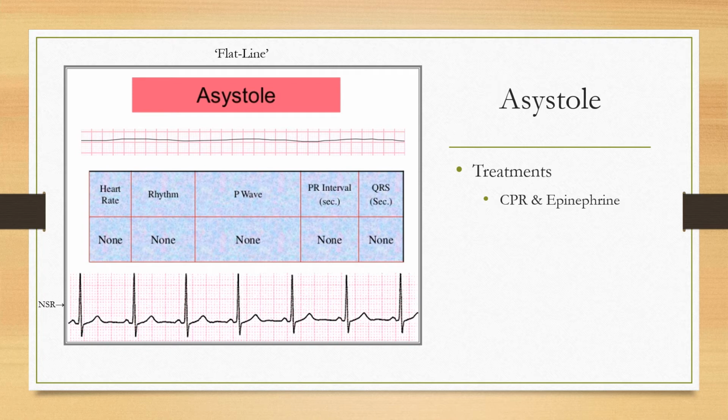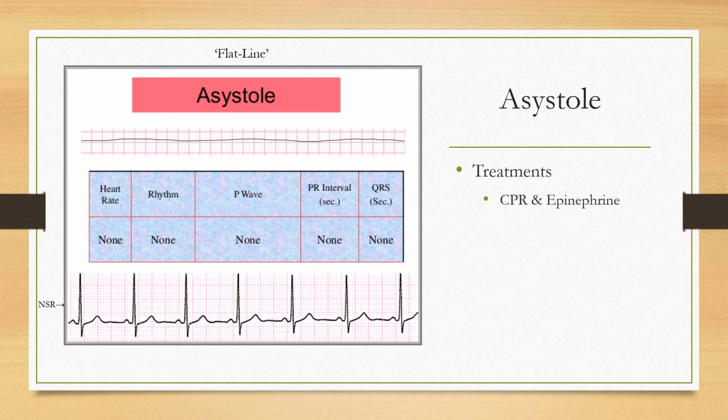So really the treatment for this is CPR and epinephrine because there's nothing to defibrillate. There's nothing to shock. So we'll do CPR, epinephrine, and just continue the CPR until by chance we get a rhythm back, or we call the code and pronounce the patient dead.